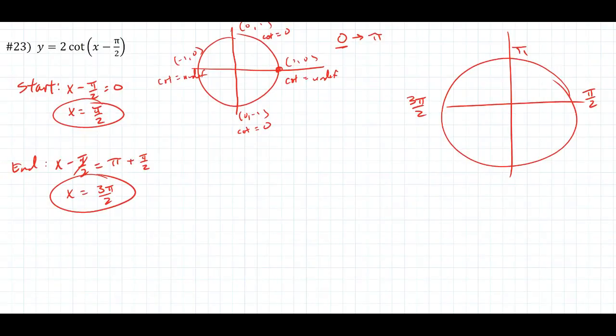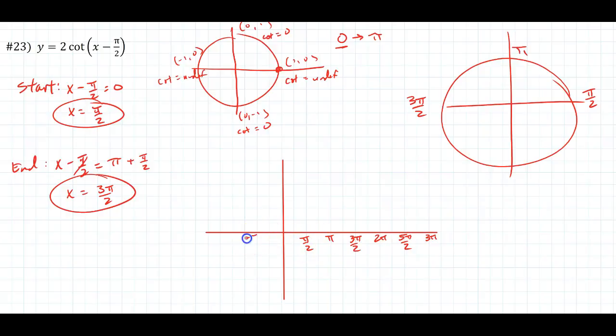So let's draw our axes. We're going to have pi halves, pi, 3 pi halves, 2 pi, 5 pi halves, 3 pi, 0, negative pi halves, negative pi, negative 3 pi halves.